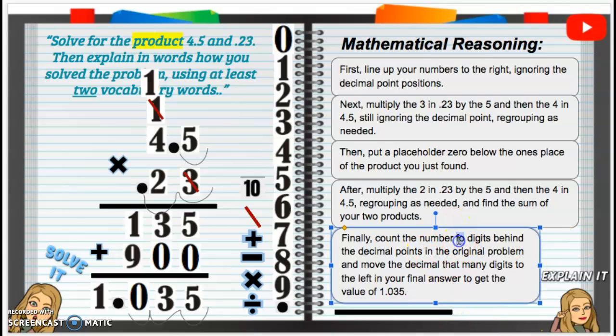Okay, so this is not fake digits. You don't count the number of fake digits. You count the number of digits.